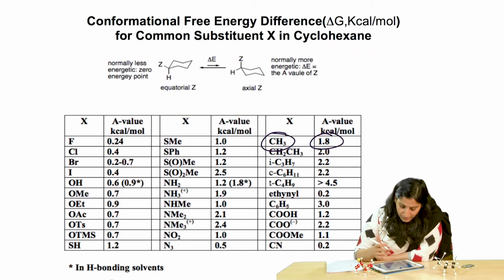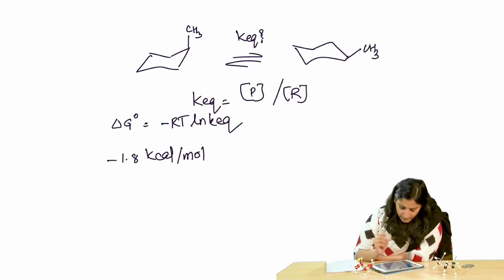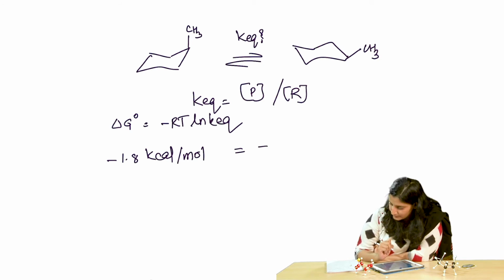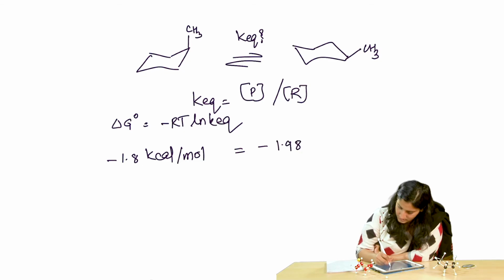If you look at this table, it talks about going from an equatorial to an axial position. So, now minus 1.8 kilocalories per mole is equal to minus R, the value in kilocalories being 1.987 calories per mole per Kelvin, times the temperature, 298, times ln KEQ.